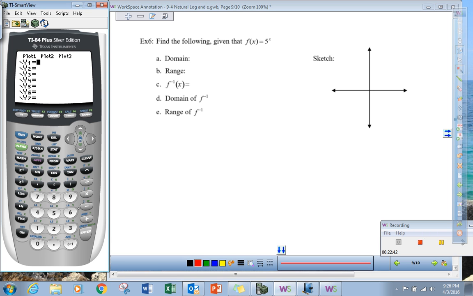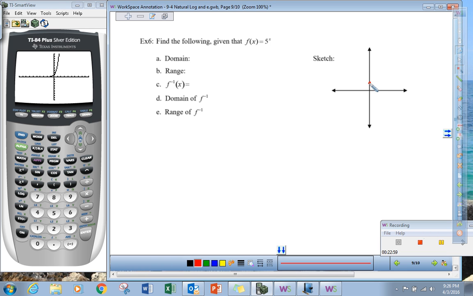Let's come into your calculator, and let's go ahead and graph 5 to the x. Zoom 6 on your calculator if you need. Keep in mind this, though. My main point on there, when x is 0, I'm still going to get 1. So I know this goes through the point (0, 1).